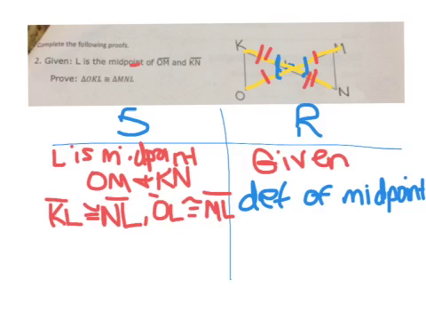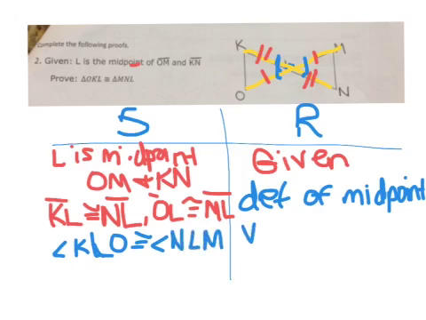So we're going to say angle KLO is congruent to angle NLM. And it's because they are vertical angles. Sorry this is so sloppy.